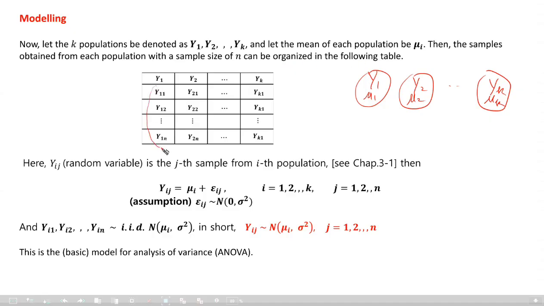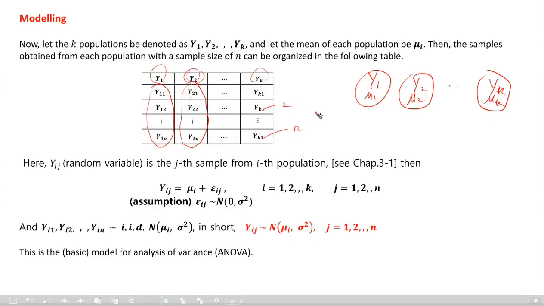From population 1, from population 2, samples y21, y22, y2n. The first subscript is the number of the population. And for population k, yk1, yk2, and ykn.